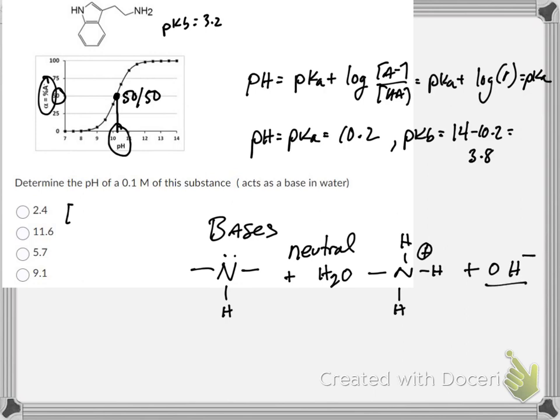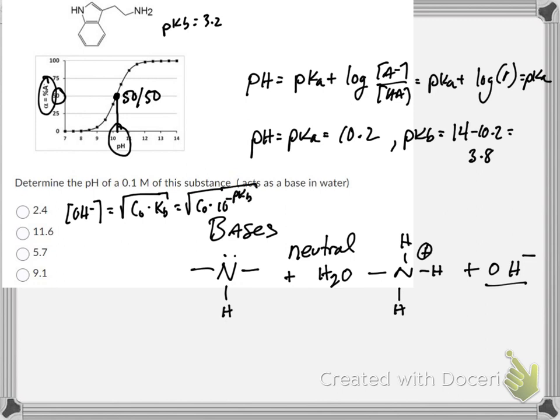Right, now let's look at the equations of that. It's very similar to the acid equations, except instead of hydronium, hydroxide ion is present, and instead of Ka, it's Kb. So the first thing is hydroxide ion is equal to the square root of C0 times Kb, or 10 to the minus pKb.